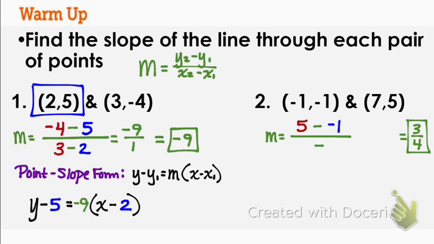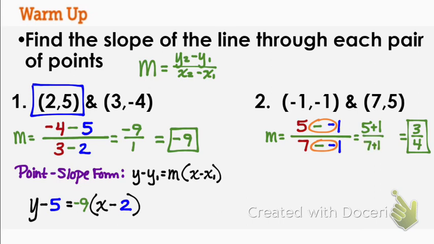What would go on the bottom then? 7 goes right underneath the 5. Remember, if they're on top of each other like this, they came from the same ordered pair. 7 minus what? Close. -1. What happens when I subtract a negative number? It becomes a positive. So this is 5 plus 1 and 7 plus 1.